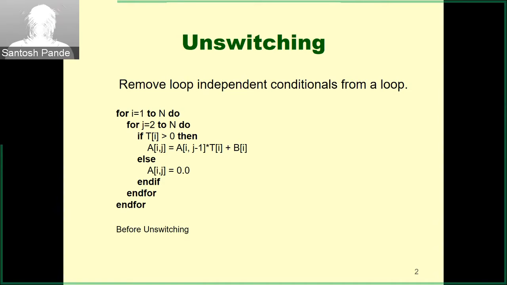You can see that this is a perfectly nested loop, which is great. And there are a lot of advantages of perfectly nested loops from an analysis standpoint and so on. But from a performance standpoint, you can easily see here that the branch on t of i, which is inside the j loop, is really a problem, in the sense that it is independent of the j loop and is unnecessarily getting executed there.